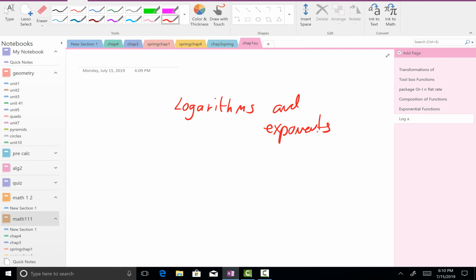Okay, so logarithms related to exponential functions. That's what we're going to take a look at. We are actually going to do something in Desmos to introduce this idea, and then I was debating, but I think I'm going to do it anyway because it's kind of neat.